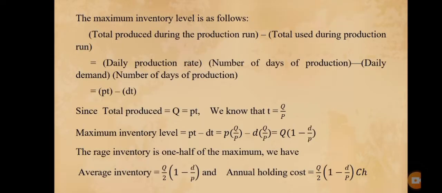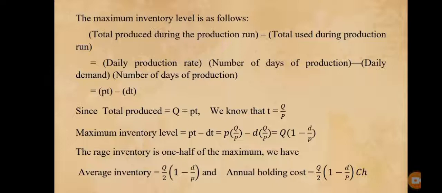So, to get the maximum inventory level, we have the formula of total produced during the production run minus the total used during the production run.